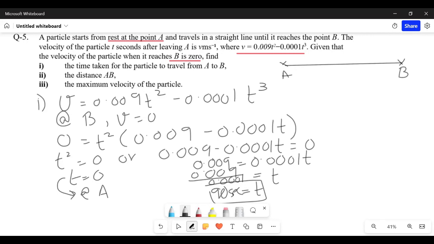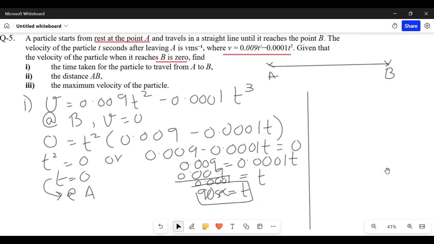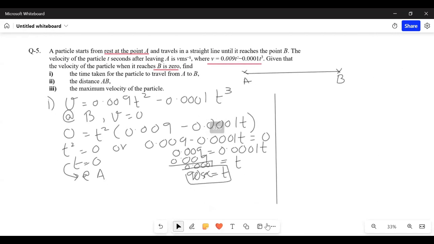Next is the distance AB. Okay. So we have the formula for the velocity. Now we're going to get the distance from here. So we know that to get S, which is the distance, we have to integrate the velocity.